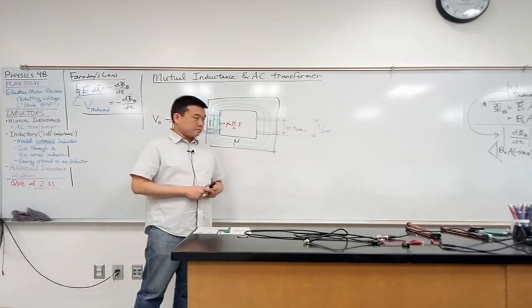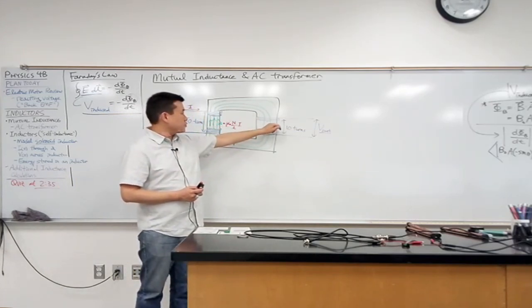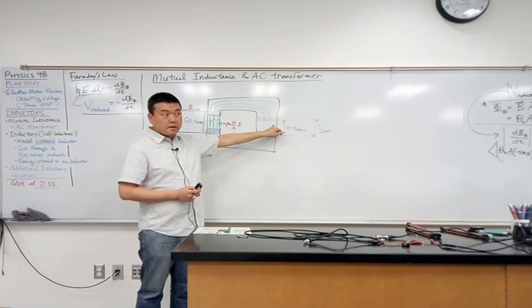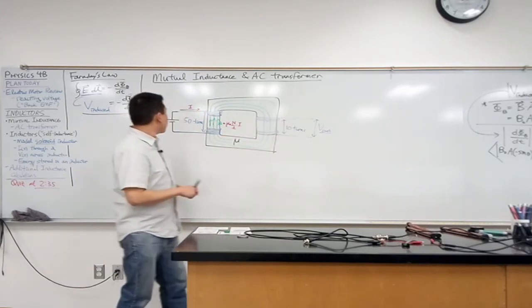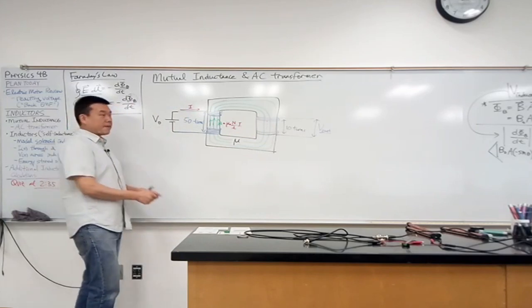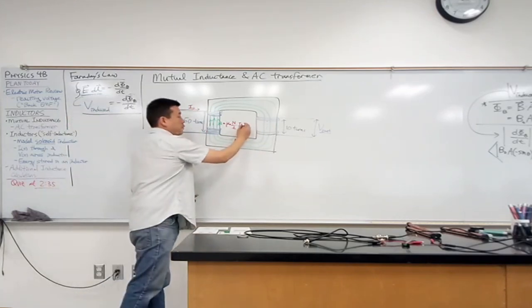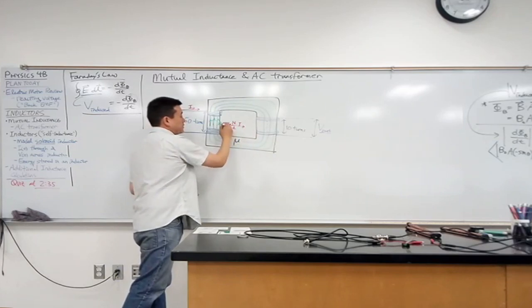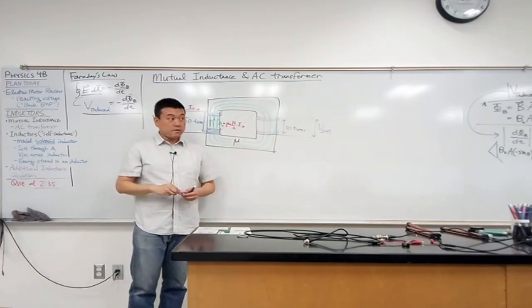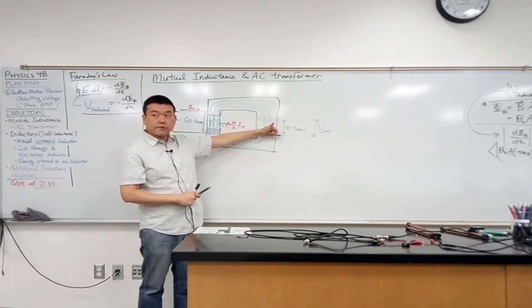Yeah. So we want to see if this magnetic field will induce a current here. Let's say we are applying a steady voltage. So at some time soon, we get a steady current. So with the steady current, we get a steady magnetic field. Will that lead to a voltage being induced on this set of coils?